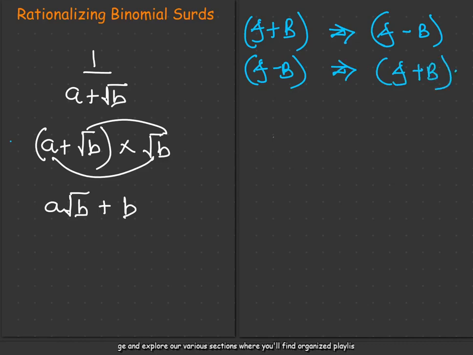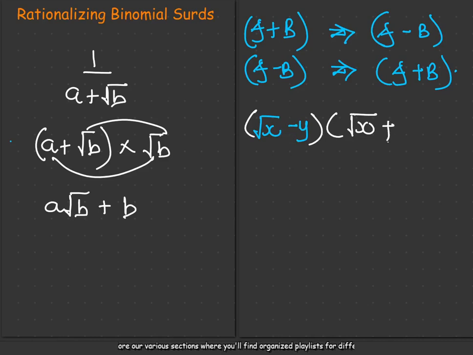What does this mean? If we have the root of x minus y, and we wanted to rationalize this, all we have to do now is to multiply it by its conjugate. So we just write root of x, then instead of the minus here, we make it plus, so plus y.